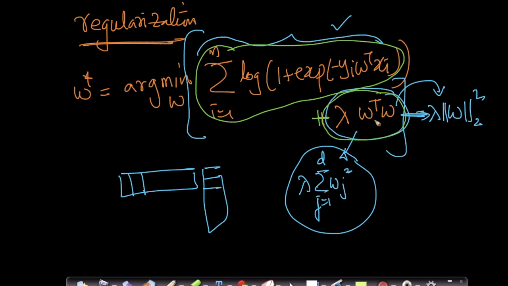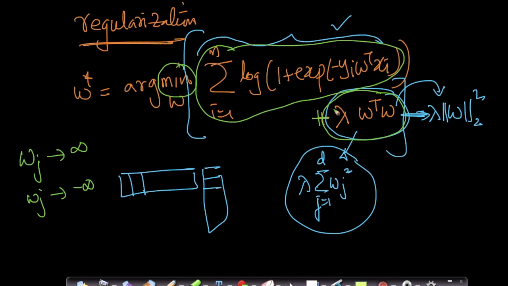Now, by doing this, if Wj becomes plus infinity or minus infinity, this will not be allowed. If Wj becomes infinity, Wj square also becomes infinity, and the optimization system will not let it happen, because you're trying to minimize.